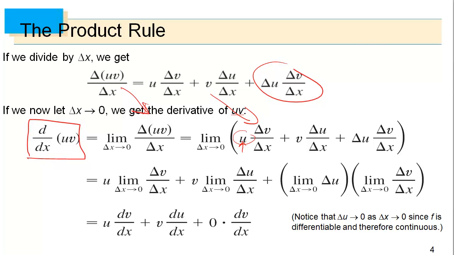So with the limit laws, it comes outside the limit, and then you have the limit of change in v over change in x. Same thing here. The v is a constant, so it comes out, right? And then the last one, we're taking the limit as change in x goes to 0 of this piece times this piece. There's some change going on with both of them, so we have to think about the limit of both of them.